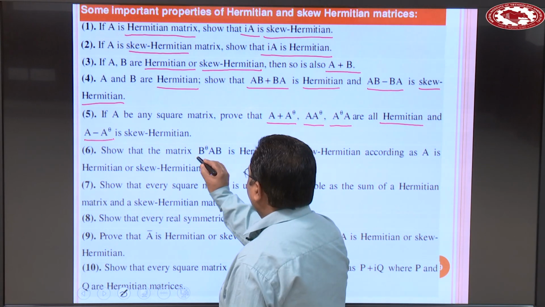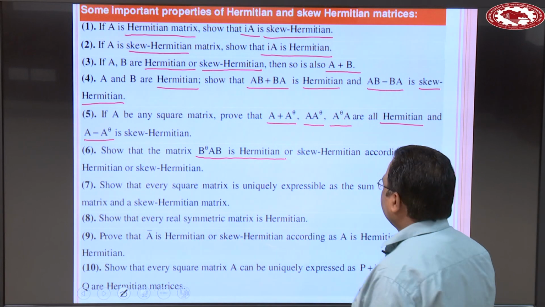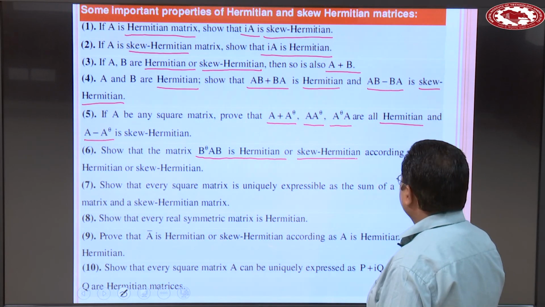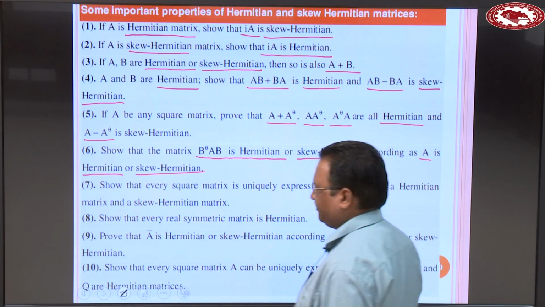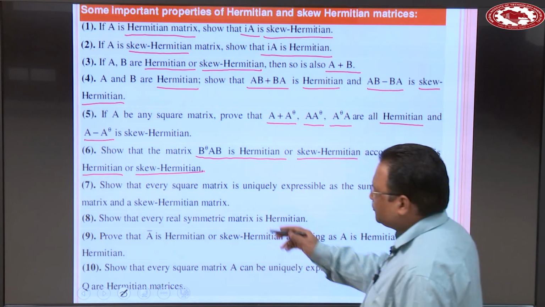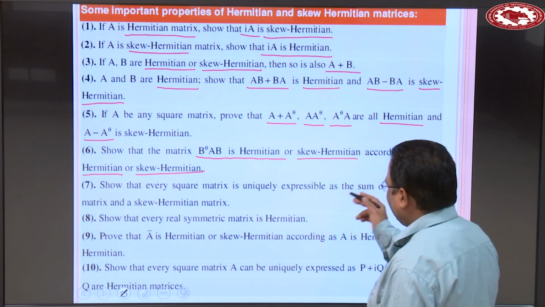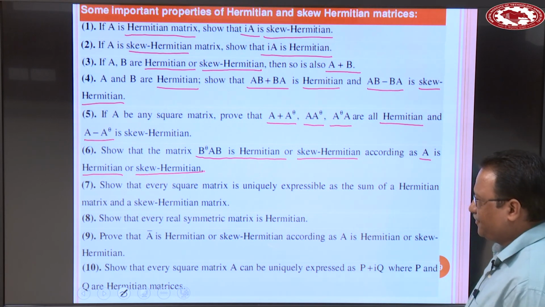If the matrix B theta AB is Hermitian or skew Hermitian according as A is Hermitian or skew Hermitian. And every square matrix is uniquely expressible as the sum of a Hermitian and a skew Hermitian matrix.